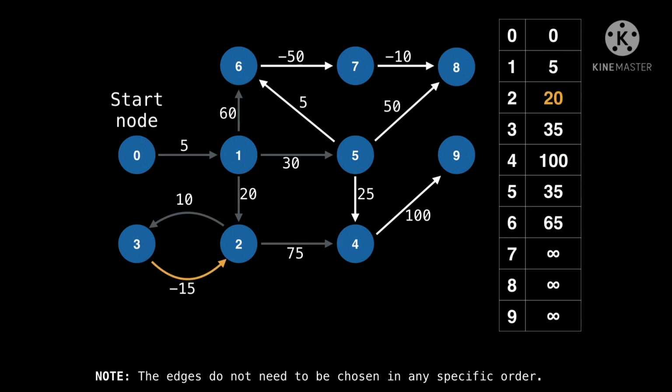Up next is an interesting edge because it was able to update node 2's best value from 25 to 20 by taking the value in node 3, which is currently 35, adding a weight of minus 15 and giving us a better value of 20. So this is all the algorithm does. It processes each edge performing relaxation operations. I'll let the animation play for the rest of this iteration.